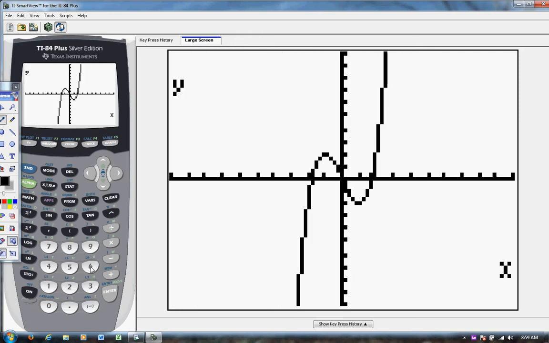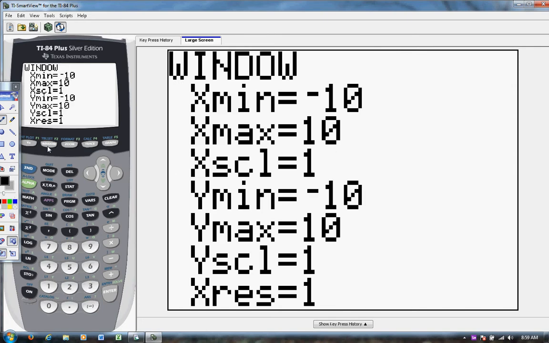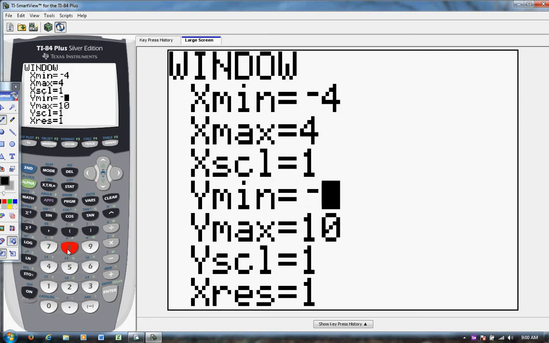There it is. It's a little small. We're going to be doing some things with it, so let's close it down. Let's go to our window, and I think probably negative 4 to 4 is plenty big enough on my x's. And maybe on the y's, we'll just close it a little, negative 8 to 8.